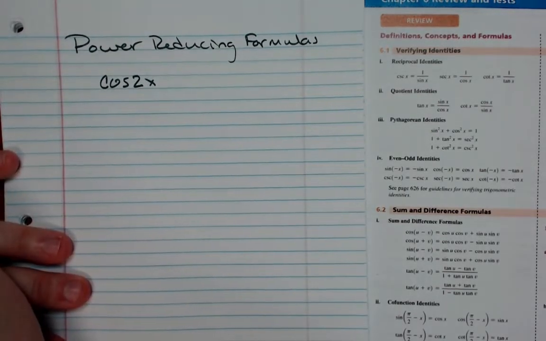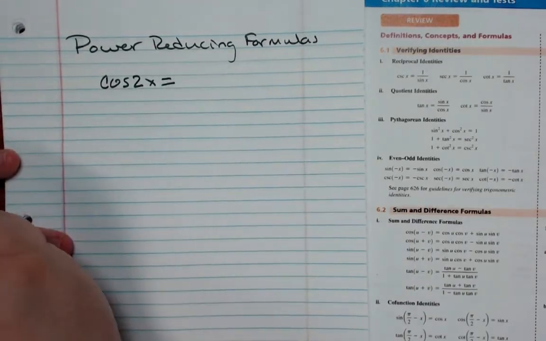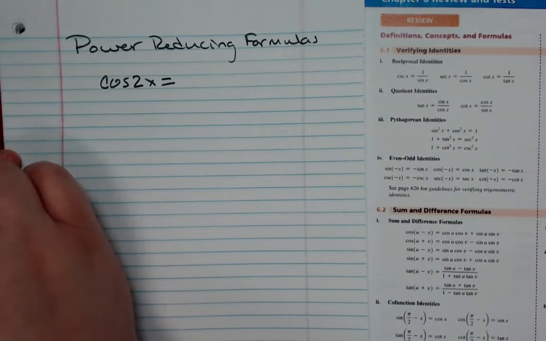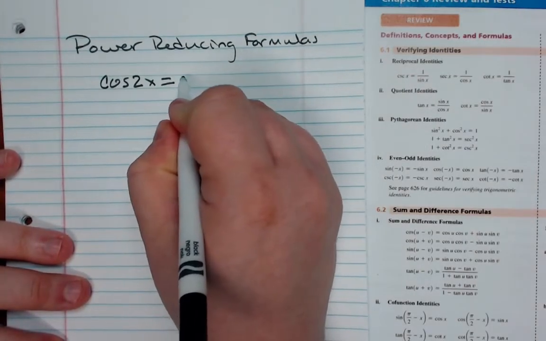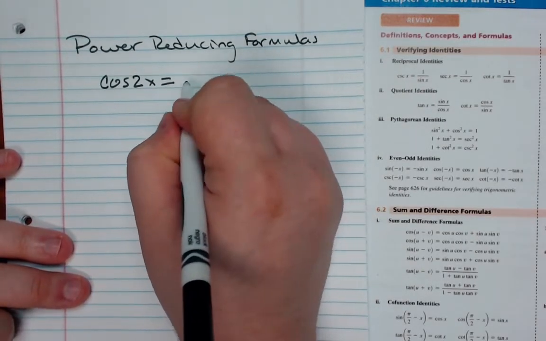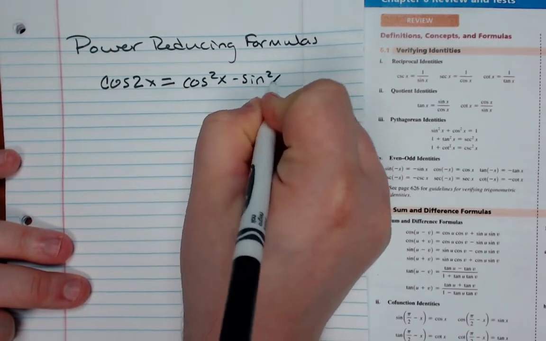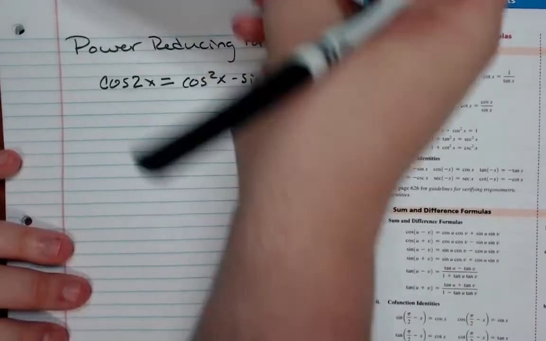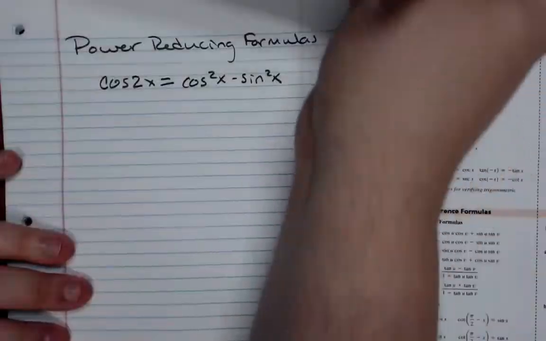Now we said cosine of 2x with double angle formula was cosine squared x minus sine squared x. And that's how we had it written right here, right? We said cosine of 2x was cosine squared x minus sine squared x.